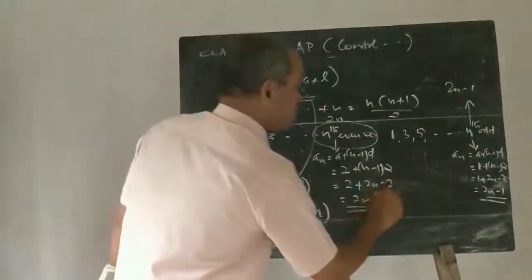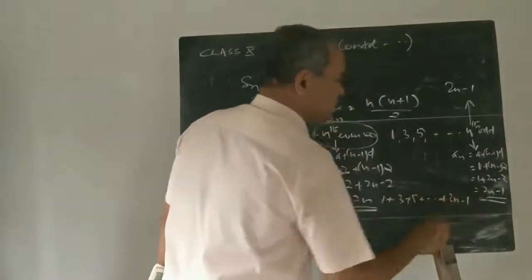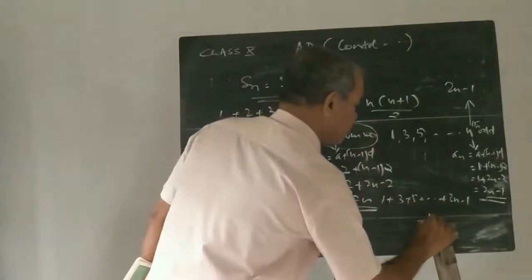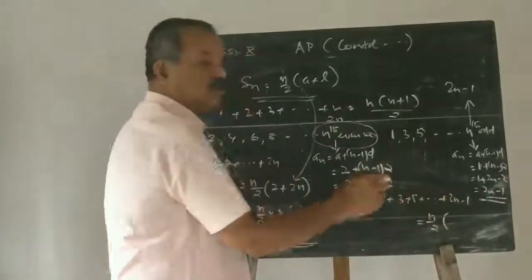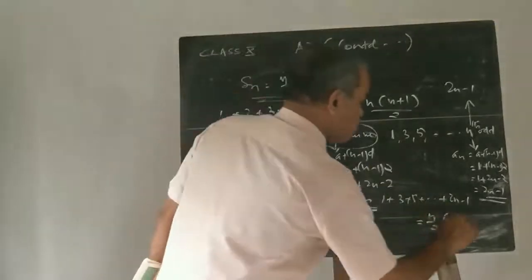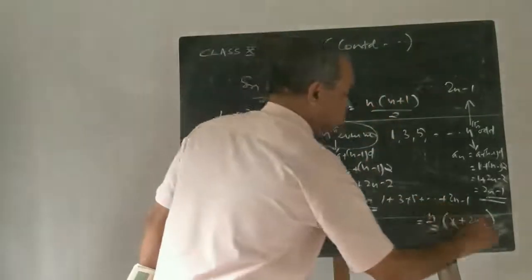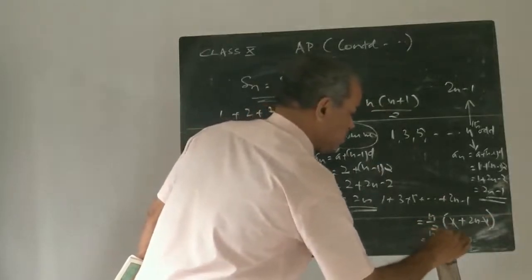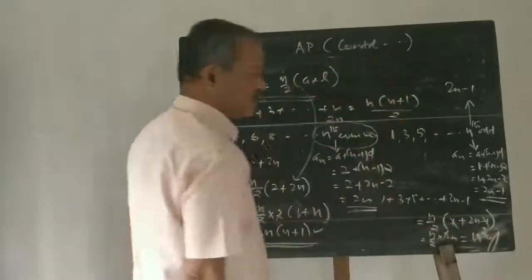Its sum, 1 plus 3 plus 5 plus etc. plus (2n minus 1), is n by 2 into (first term 1 plus last term 2n minus 1). There are n terms. 1 minus 1 is 0, so n by 2 into 2n. The 2 and 2 get cancelled, giving n into n, which is n square.